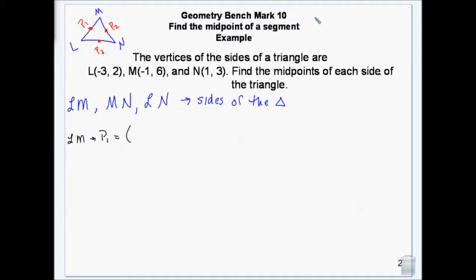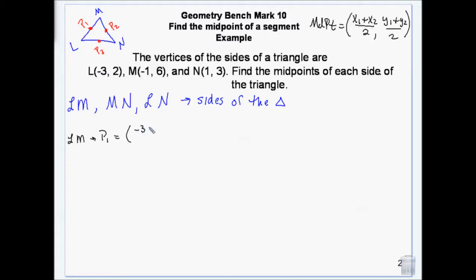And I'm just going to write the formula up here so we have it again. Okay, so I'm going to plug in these points. For LM, I'm going to be using these two, L and M. So this would be x1, x2.